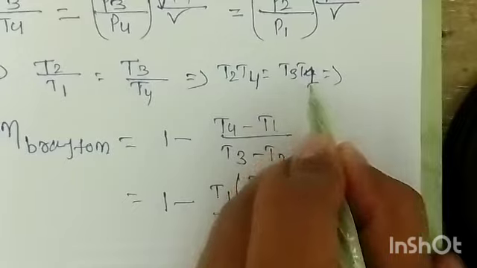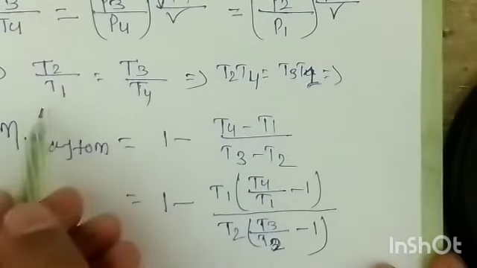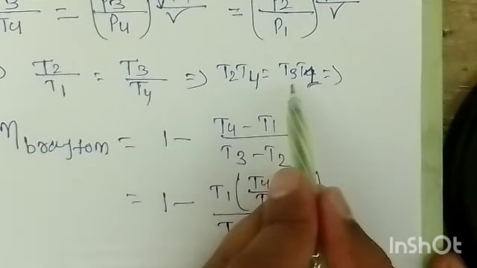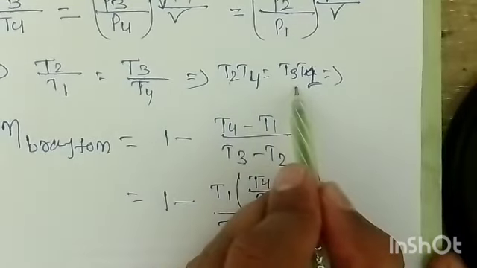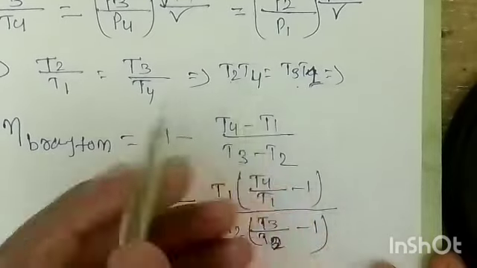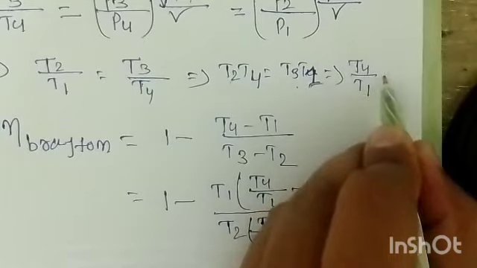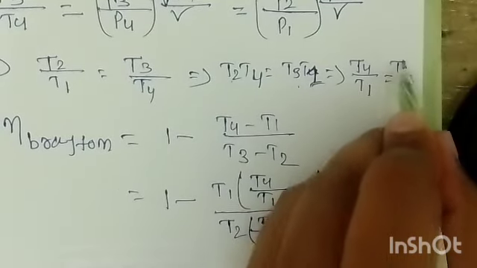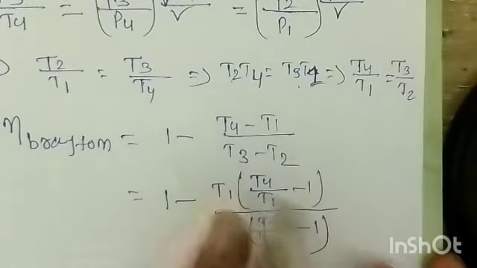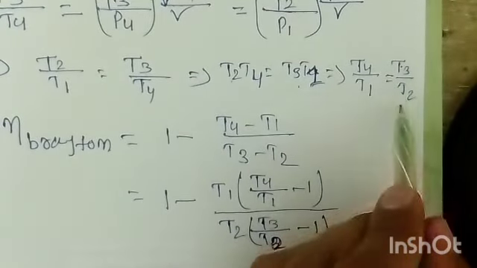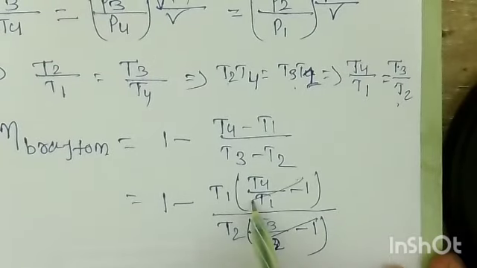Sorry, here was a mistake just now. So cross multiply: T2 into T4 is equal to T3 into T1. We need to find T3 by T2. So when T2 comes in the denominator, T1 goes to the other side, right? So this leads to T4 by T1 is equal to T3 by T2. Understood? Just cross multiply and rearrange the terms. So T3 by T2 is equal to T4 by T1, which means this term and this term will get cancelled.